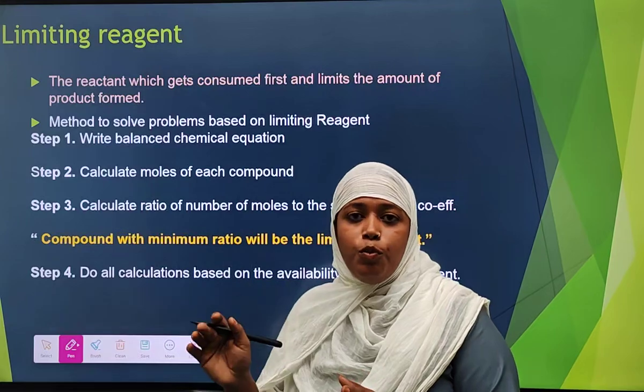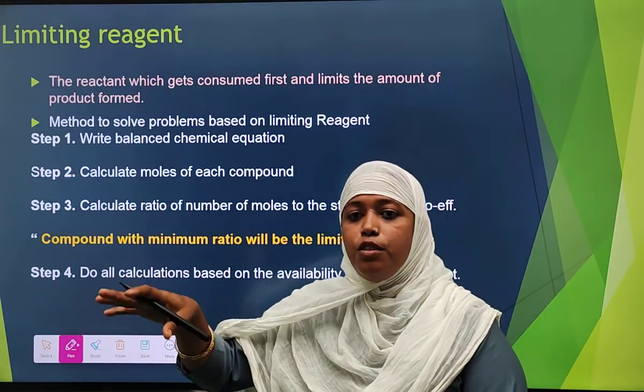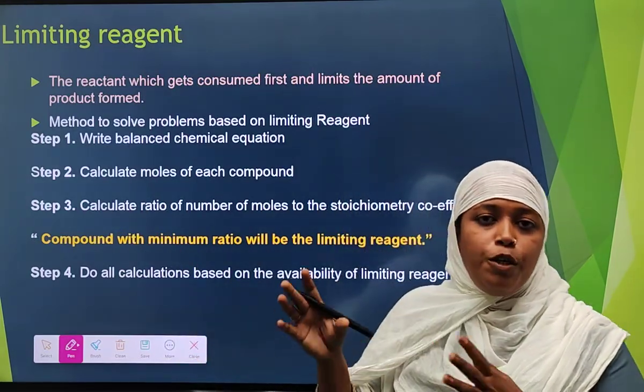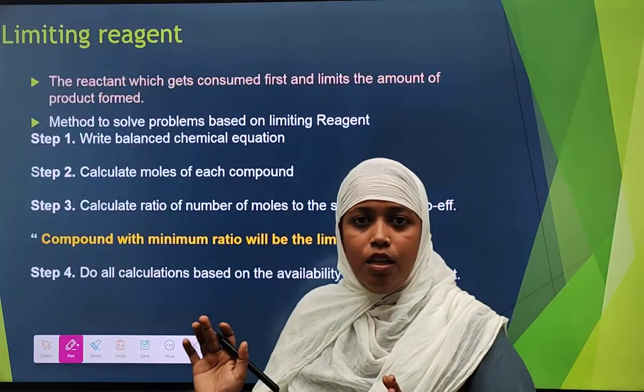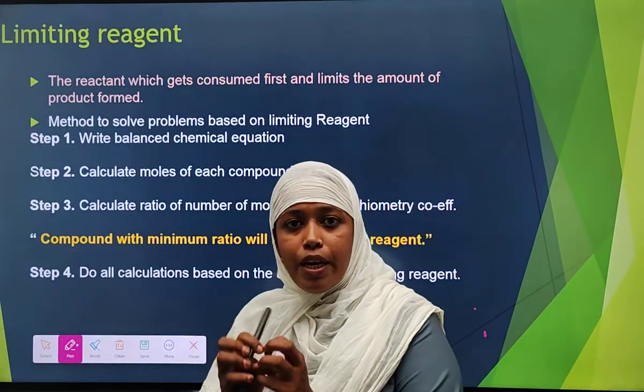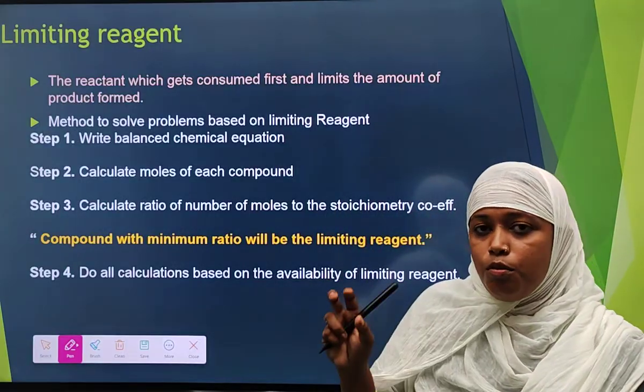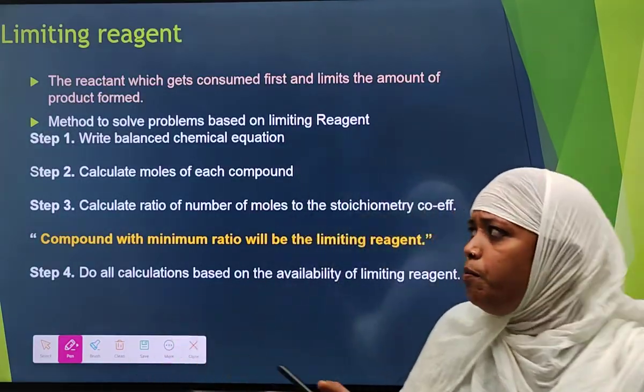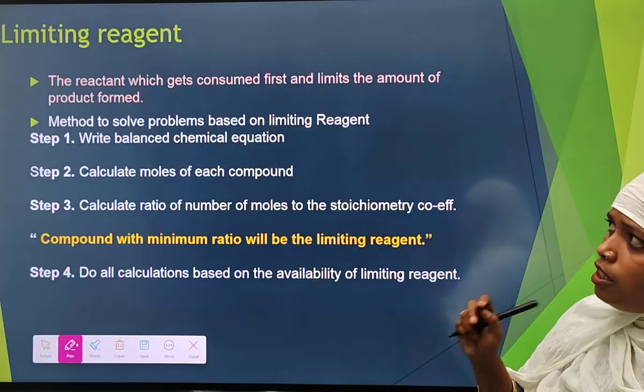After that it won't work, so the pages that are left in that book or copy will remain there. So the amount of reactants that combine to form the proper compound or chemical, that is called the limiting reagent.